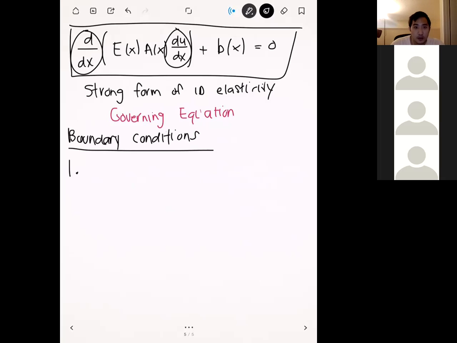All right. So first, let's talk about the boundary condition on the left-hand side, which is the applied traction. An applied traction boundary condition is essentially the same thing as a load, right?